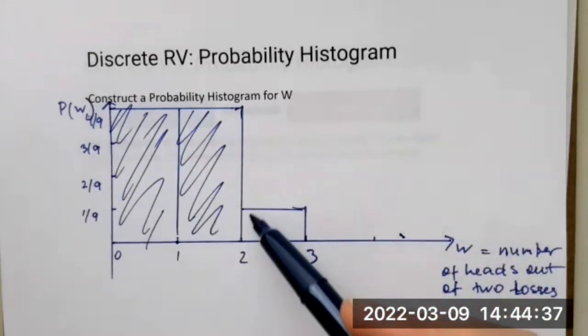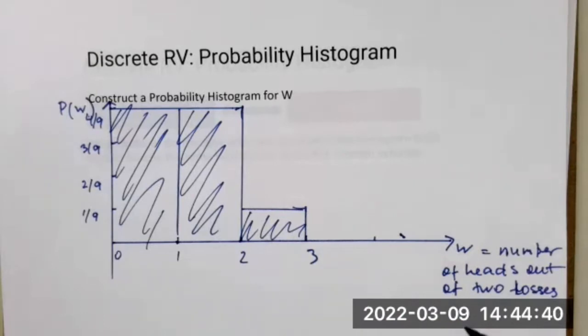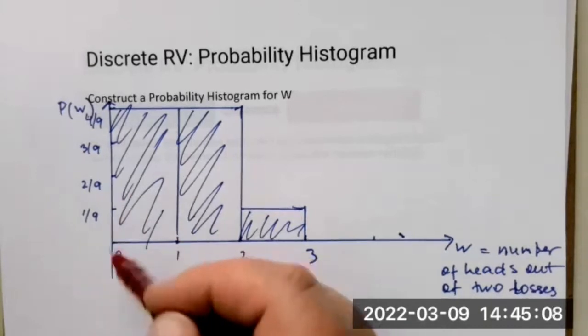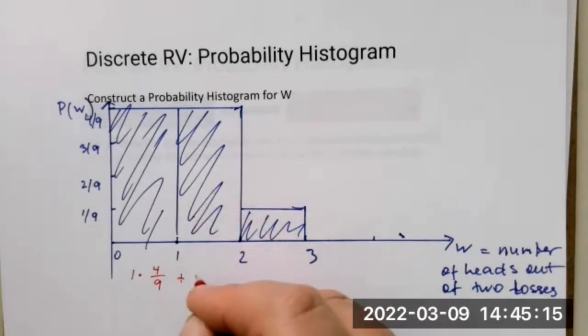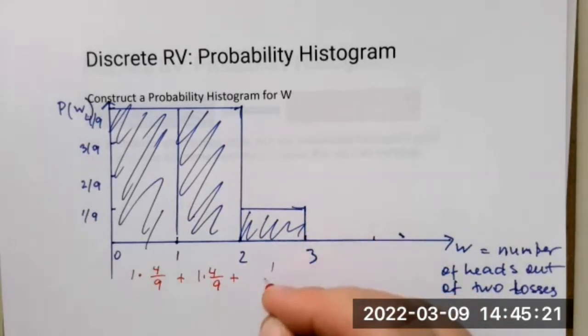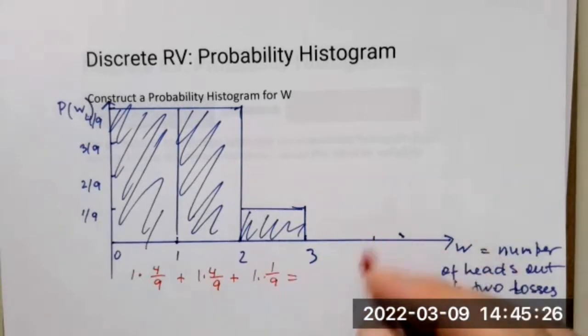We have 3 bars. And what if we wanted to calculate the area of those bars? Just like with the previous example, the width of each bar is 1. So we're going to have 1 times the height, and the height is the probability, right? 1 times 4/9 plus 1 times 4/9 plus 1 times 1/9.